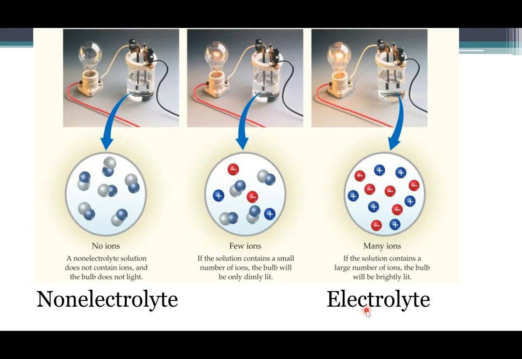Where have you likely heard the term electrolyte before? Probably on Gatorade or Powerade, right? So when you work out, you sweat. And what comes out of your body when you sweat? Well, ions, right? Salt, so sodium, potassium, magnesium.